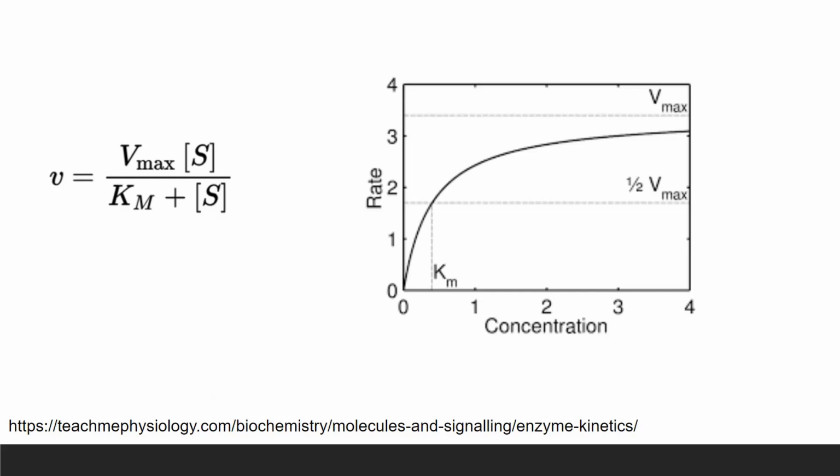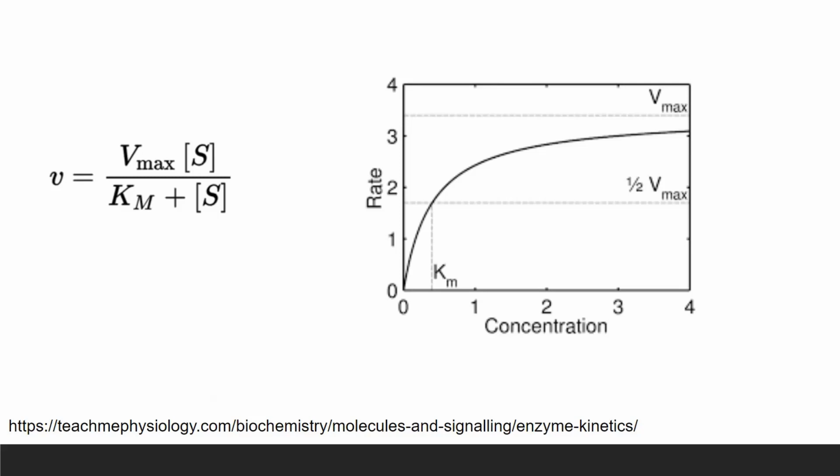So the equation is such that velocity is equal to Vmax into S by Km plus S. And this can be written in the form of the graph that you can see on the screen, which is a graph plotting rate versus concentration.